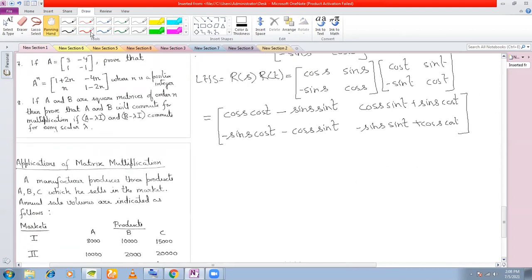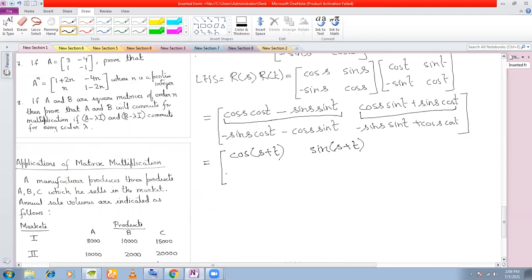So now, in the first one, you see cos A cos B minus sin A sin B. So this should be cos (S plus T), cos (A plus B). What is this? Sin A cos B plus cos A sin B. So this should be sin (S plus T). Right?